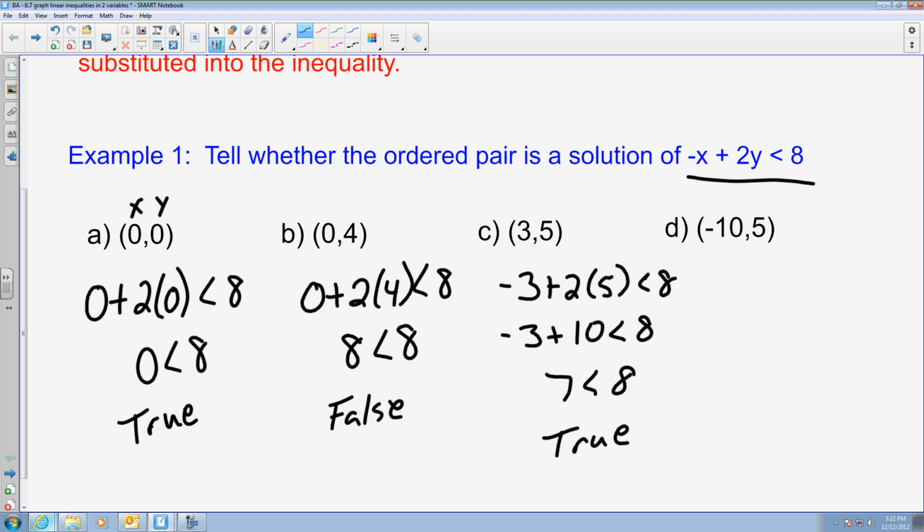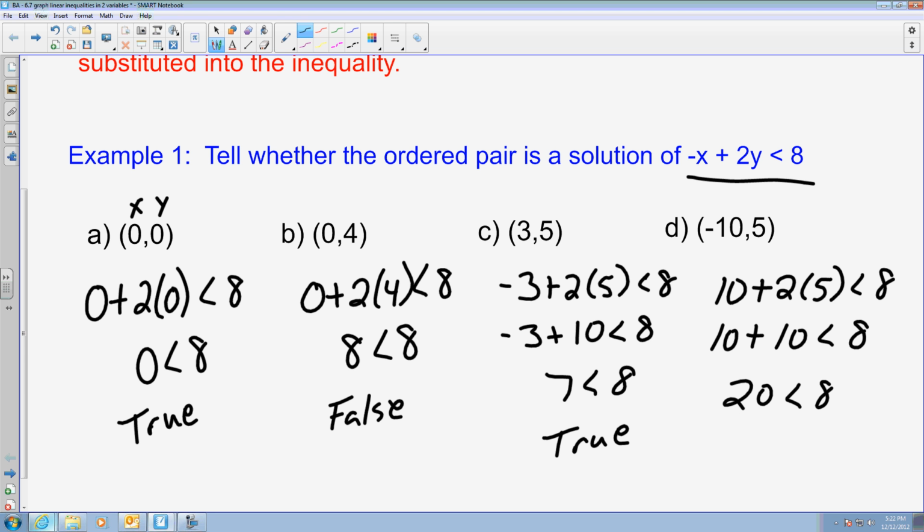Last one, we have negative 10 and 5. So negative 10 goes into a negative x, so that becomes positive, plus 2 times 5 is less than 8. I got 10 plus 10 is less than 8. 20 is less than 8. Well, that's not true. 20 is larger, so that's actually a false statement.